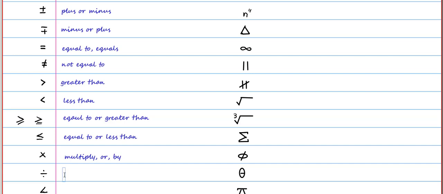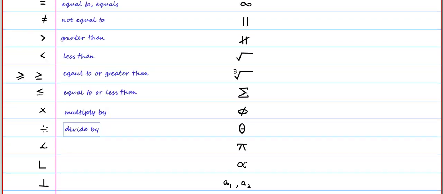And this means multiply by something, right? And this means divide by something. You can represent multiplication by a dot, I hope you know that. We can either show the multiplication by this, or you can represent it by a dot.